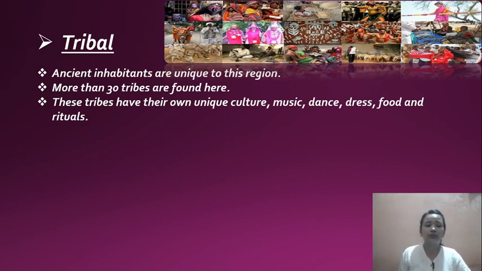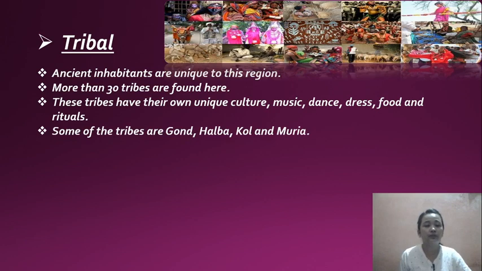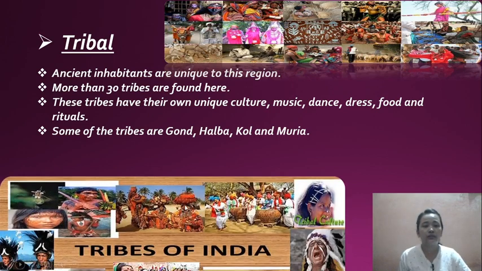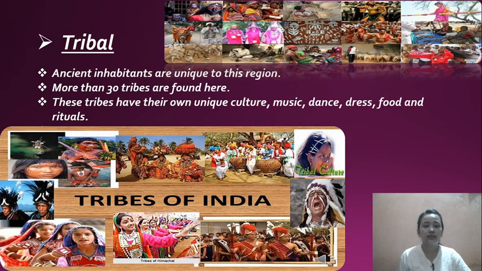Some of the tribals are Kond, Halba, Kol and Murai, found over here, as you can see in the image. Those are the tribals of India that we can find in the Deccan Plateau.